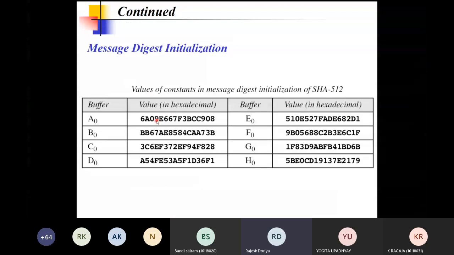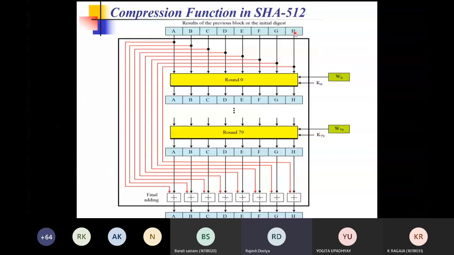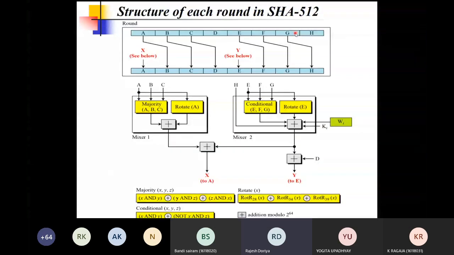Thereafter, this is the structure of a single round in SHA-512. These are the initial message digest values. As I told you earlier, the initial message digest values are assumed like this, and the moment you place all those values over here, we can see that for the next round some of the values are passed as they are to other buffers or registers.